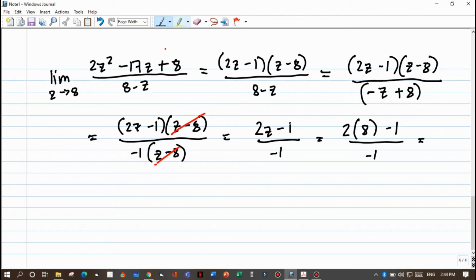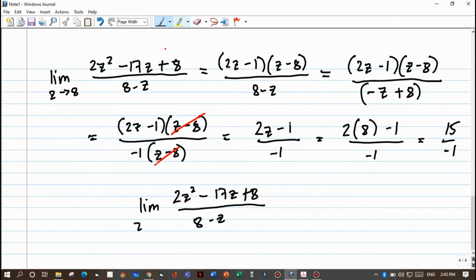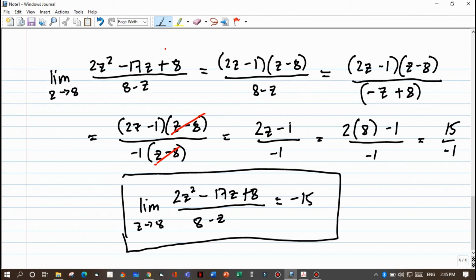This is 16 minus 1, 15 over negative 1. Therefore, the limit of 2z squared minus 17z plus 8 all over 8 minus z as z approaches 8 is equal to negative 15. And this is our final answer.